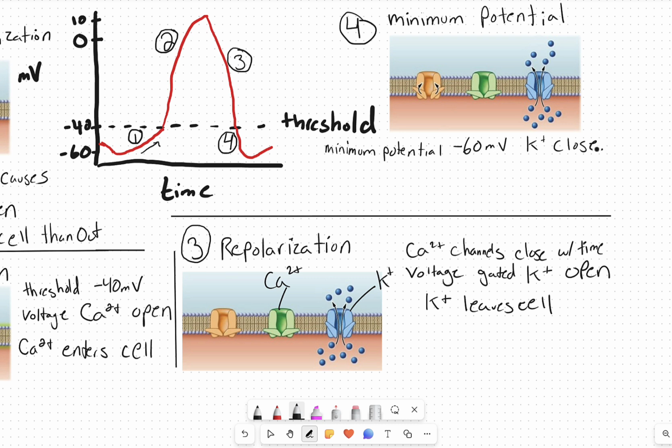Being at that -60 value is the hyperpolarized state. And the hyperpolarized state triggers the HCN, which is the orange non-specific cation channels, to begin to open. So you can see in the image that those channels are starting to open. They're getting ready to go back to that initial slow depolarization.